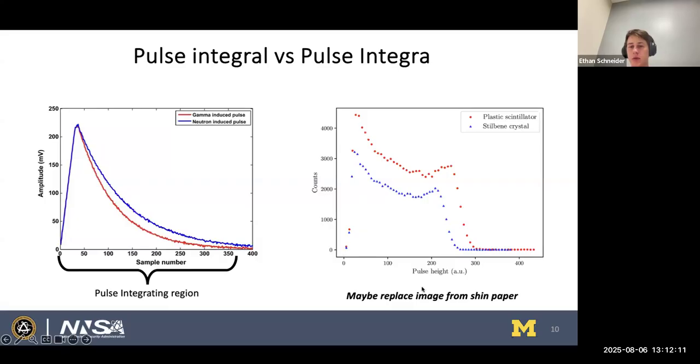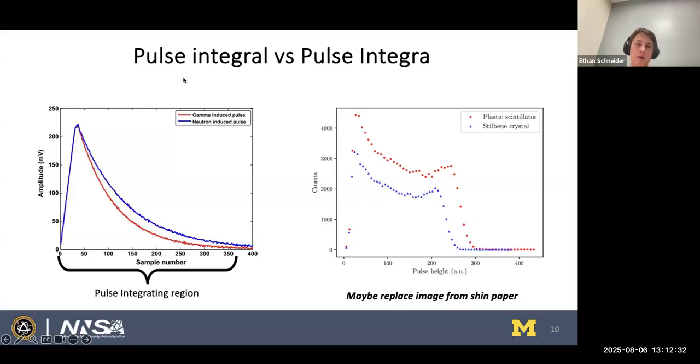And you can see that on the right, where you just have these two different distributions, where you have an organic pulse height distribution on the right, where you do not have that photo peak, but we have this Compton edge. And this is just a histogram based upon all these counts here.